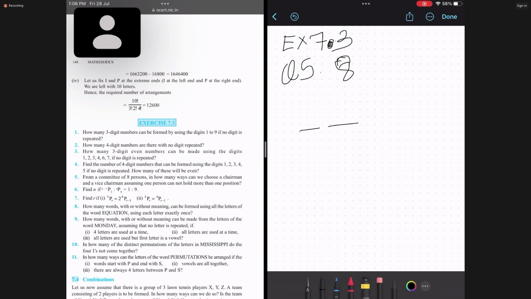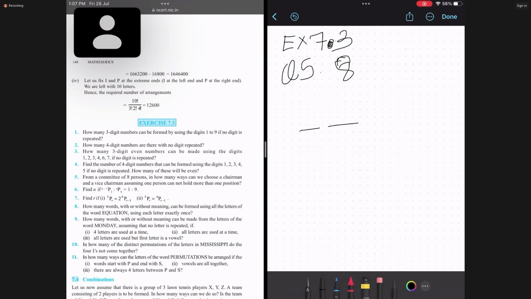At a glance, this question might seem not to be related to permutations and combinations as such, and you have to think along different lines. But try to visualize this question in terms of letters and digits and how they are used in filling up places, right? So think of chairman and vice chairman not as two distinct positions, but just as places that you have to fill, and the choices that you have are the 8 people in the committee, right?